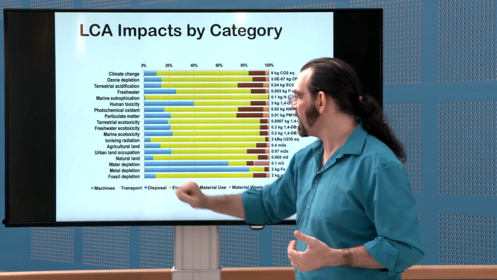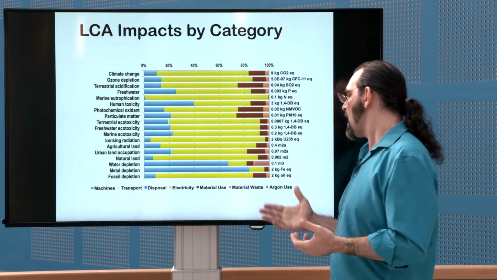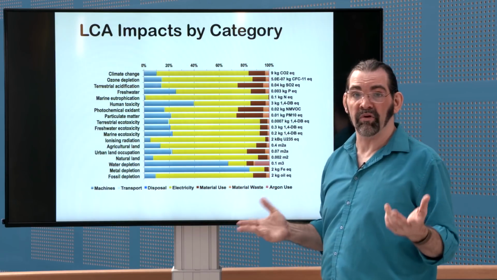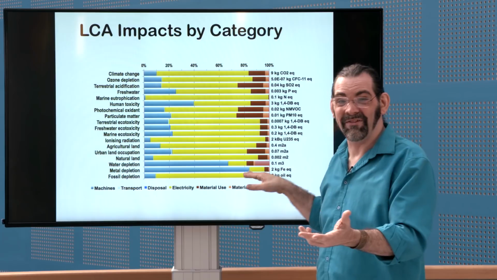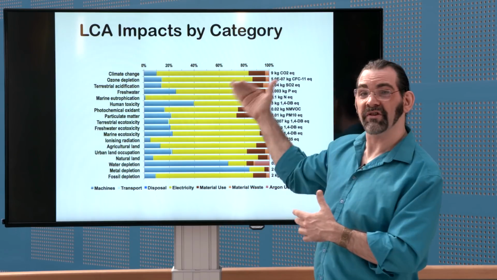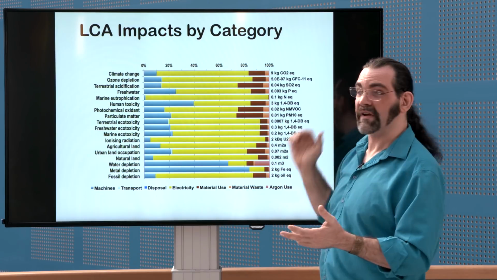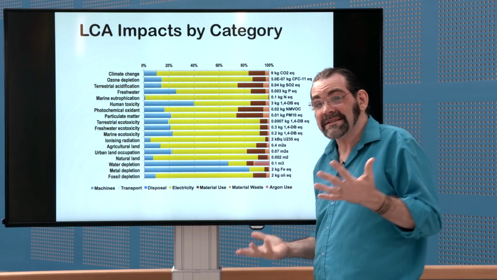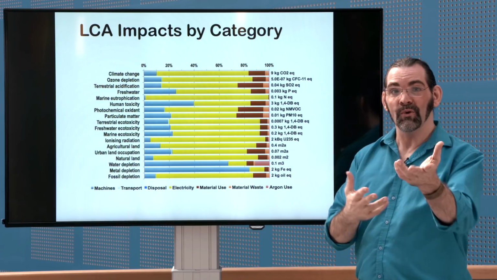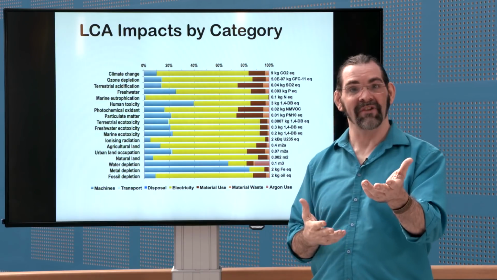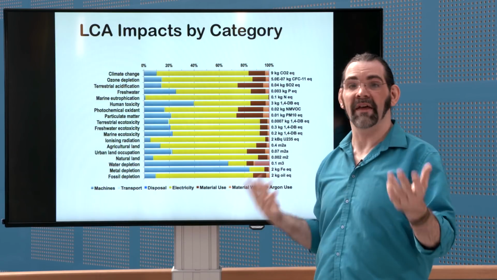Water depletion and mineral depletion, there it's making the printer that are the biggest impacts. And so is this more important than the climate change impacts or the acidification impacts? Yeah, it's hard to say. And we don't expect you to be the environmental scientist with enough expertise to make that judgment.